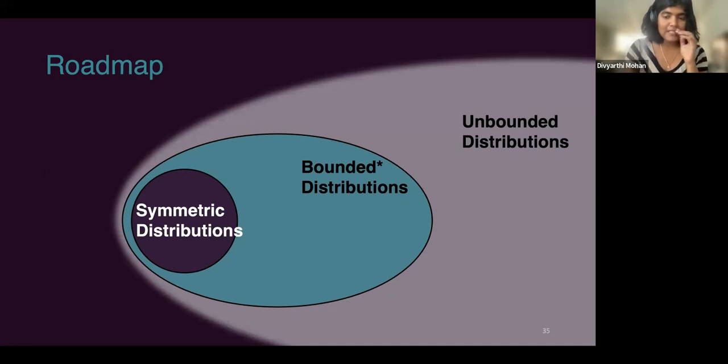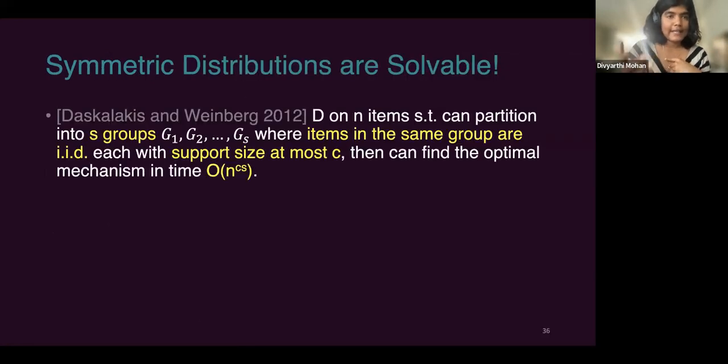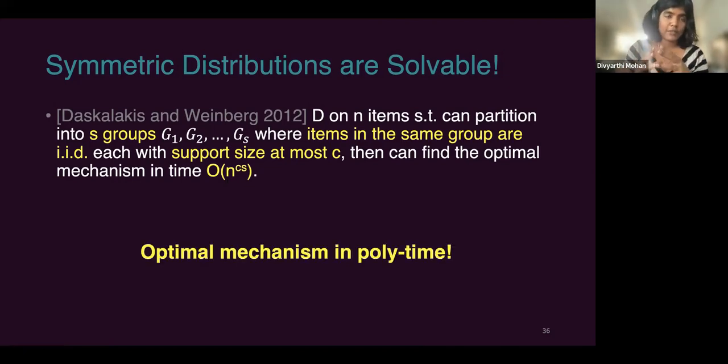This special case of our setting, called symmetric distributions, was studied by Daskalakis and Weinberg. Don't worry about the text on the slide for now. They showed that you can find the optimal mechanism in polynomial time for this very special kind of distribution. So they have this nice result that completely solves this problem, but for symmetric distributions.